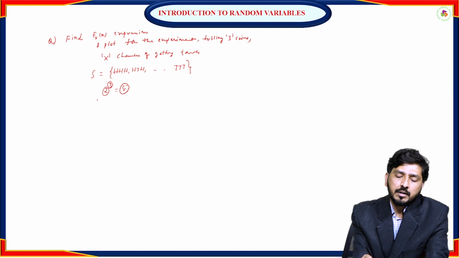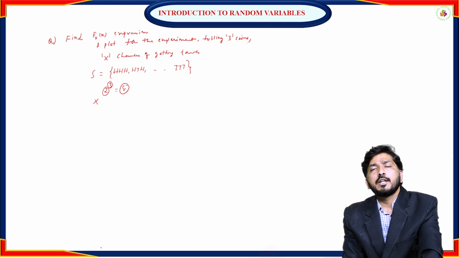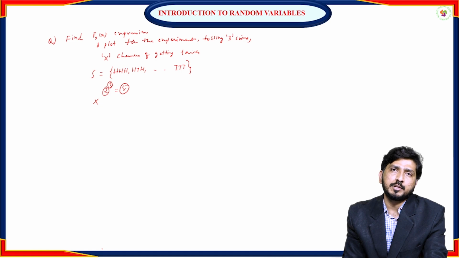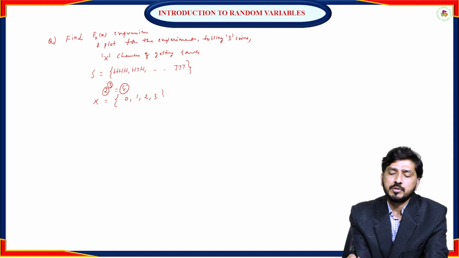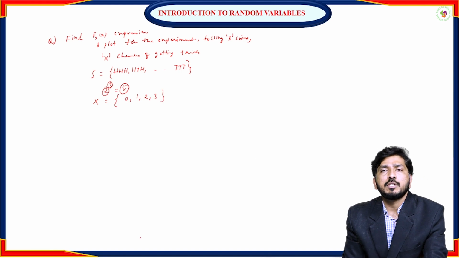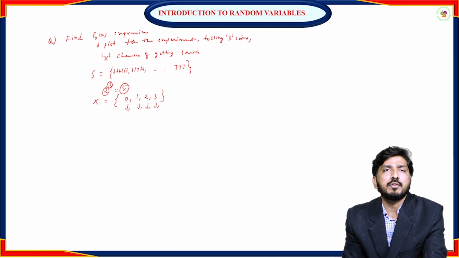Now define a random variable where X denotes the number of tails in the experiment. The number of tails will be at most 0, 1, 2, or 3. So the random variable takes values 0, 1, 2, 3. Now you have to define the corresponding probabilities based on the sample space.